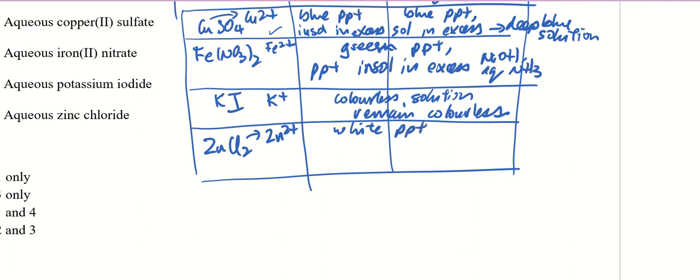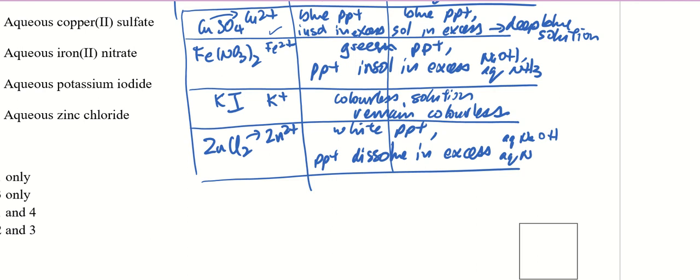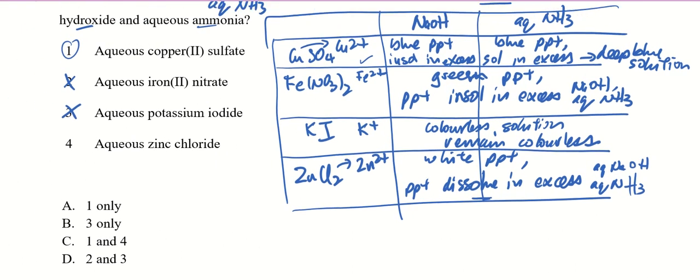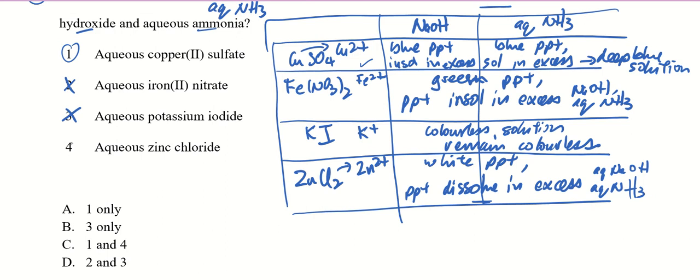Okay, and in both cases, the precipitate will dissolve in excess aqueous sodium hydroxide and aqueous ammonia, which again means since we will be getting exactly the same observation, we will not be able to differentiate between sodium hydroxide and aqueous ammonia if we use zinc.